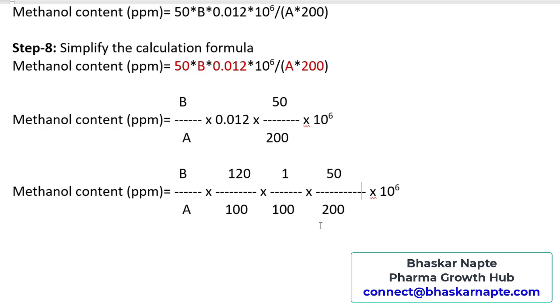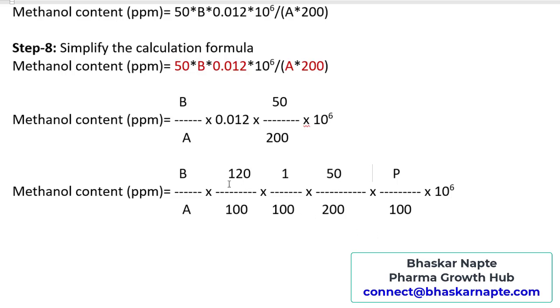So we also need to understand the purity factor, and it will come over here. I will say the purity of methanol as P divided by 100. Now this will give me the exact content of methanol after compensating for the potency or the purity of methanol standard. I hope you understand the complete calculation formula design in terms of ppm.